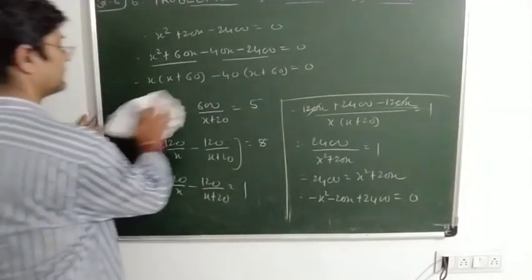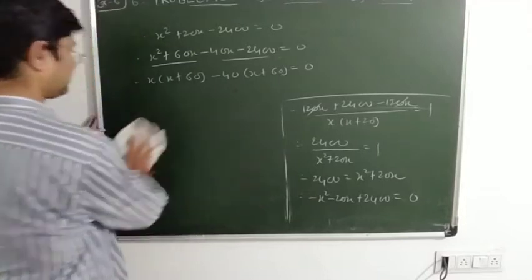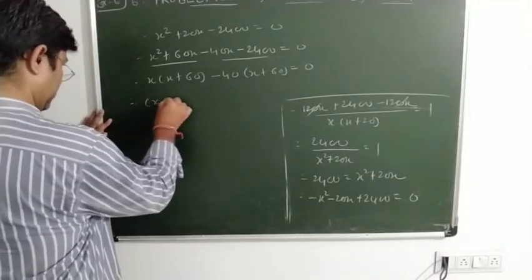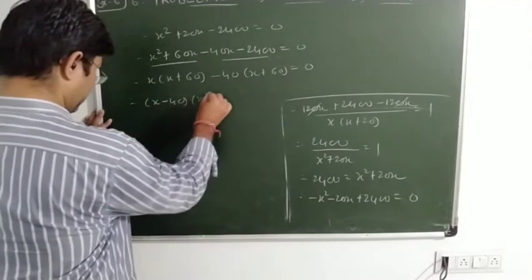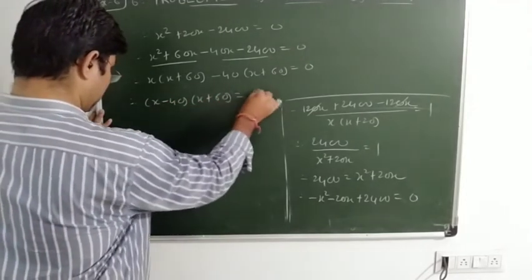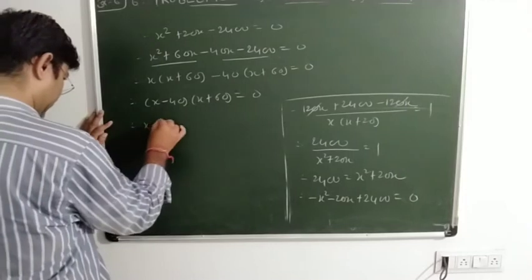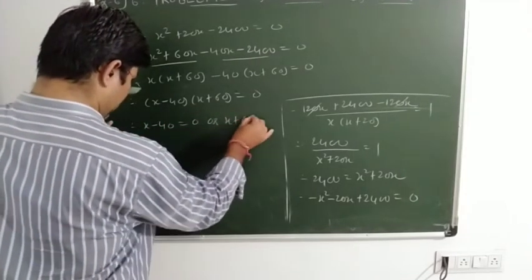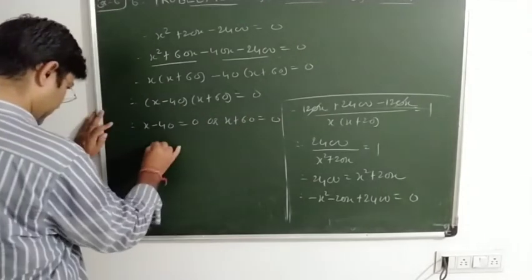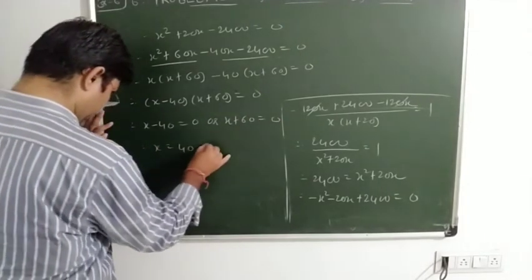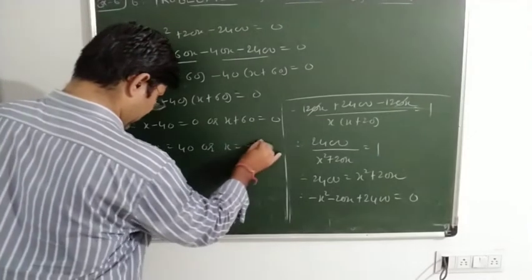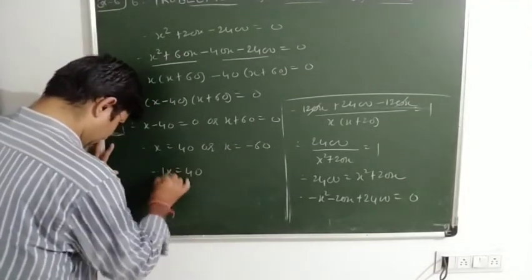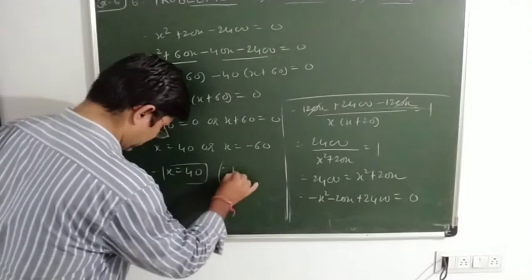Therefore, x minus 40 into x plus 60 equal to 0. Therefore, x minus 40 equal to 0 or x plus 60 equal to 0. Therefore, x is equal to 40 or x is equal to minus 60. Therefore, x is equal to 40.